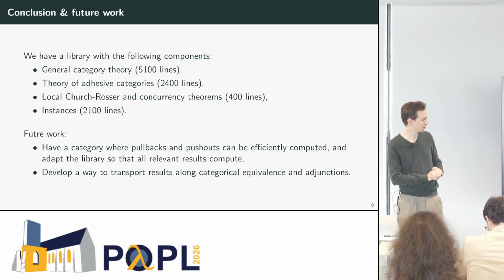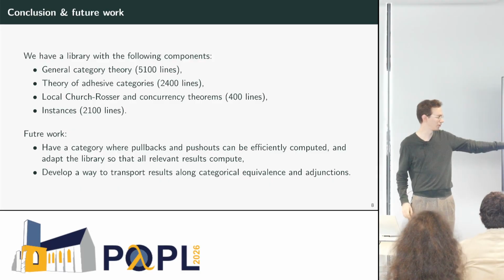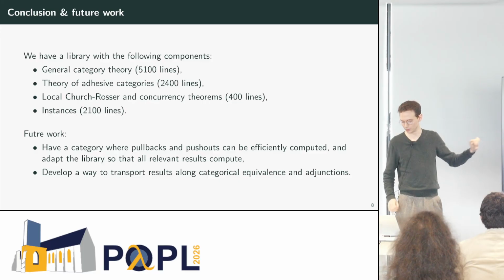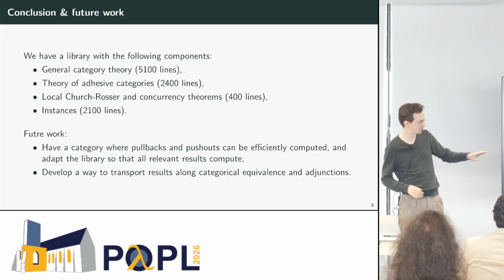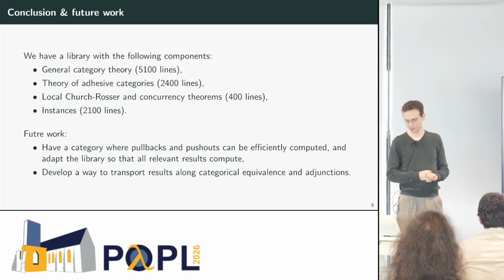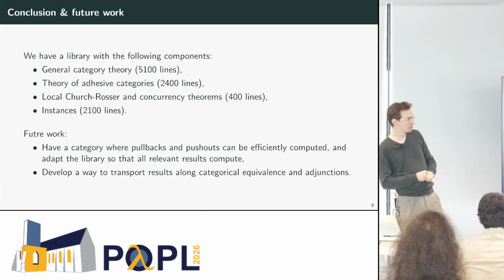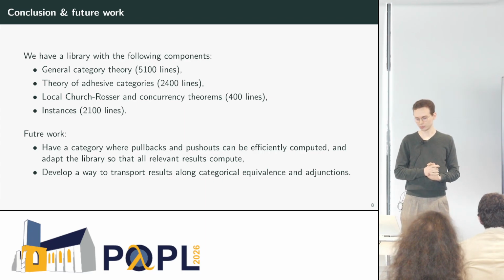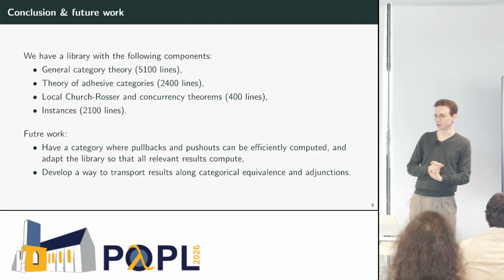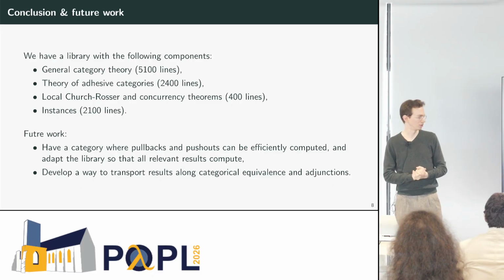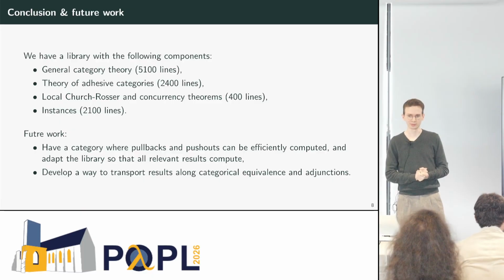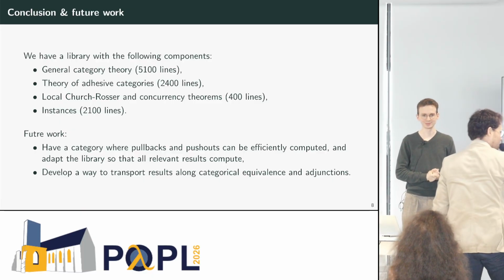Having a category of pullbacks and pushouts efficiently computed is now mostly done, but I still have to update the rest of the library. Another goal would be to develop a way to transport results along category equivalences and also along adjunctions. This is a more long-term goal. And this is it. Thank you, and I'd be happy to answer questions if you have any.